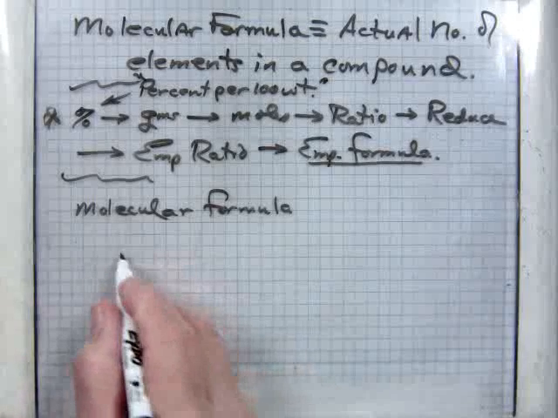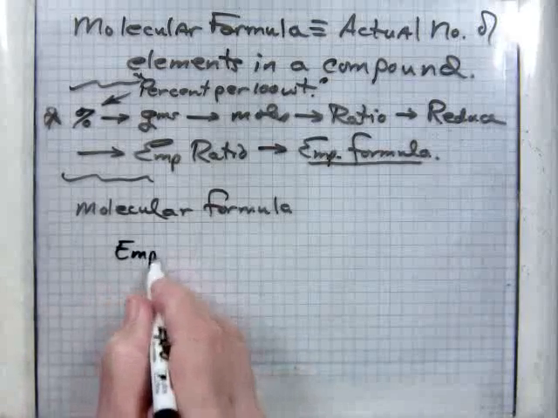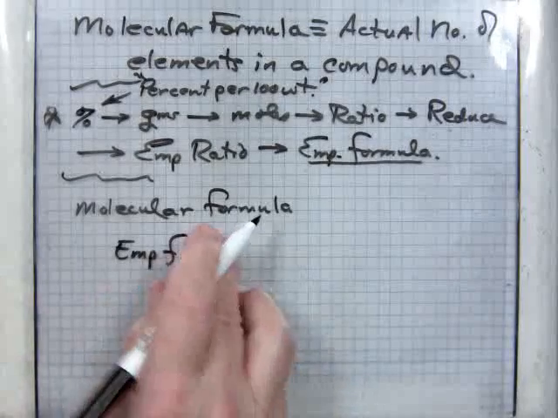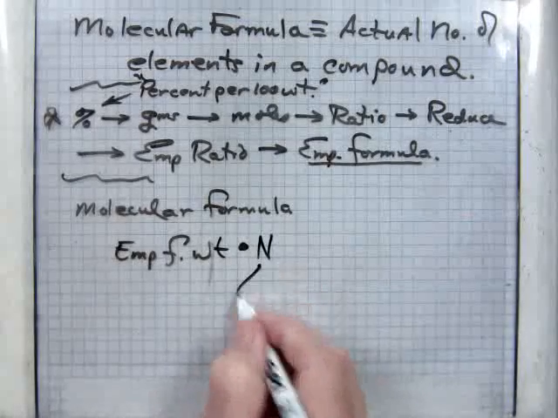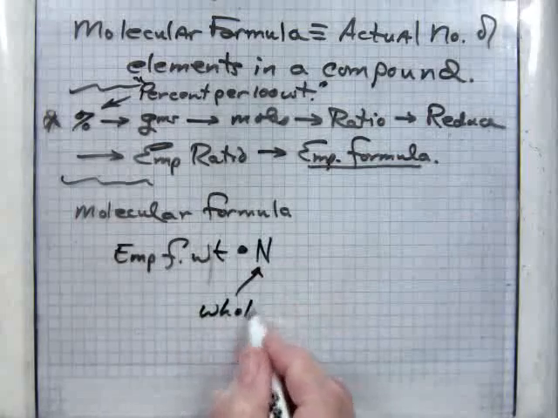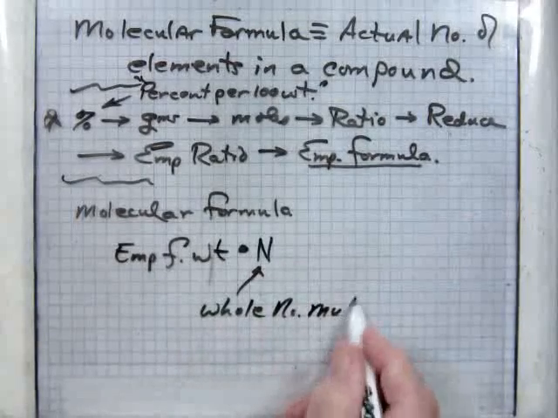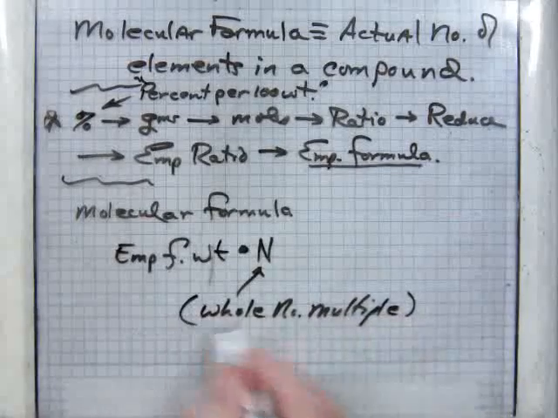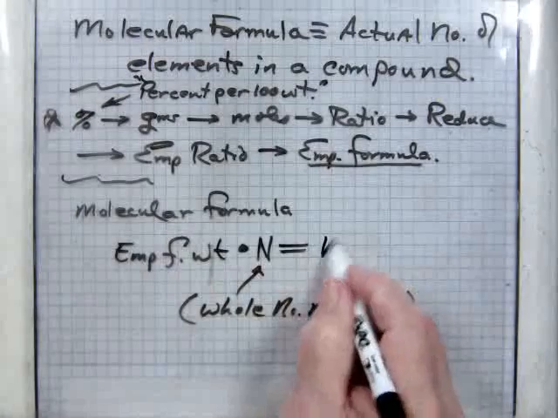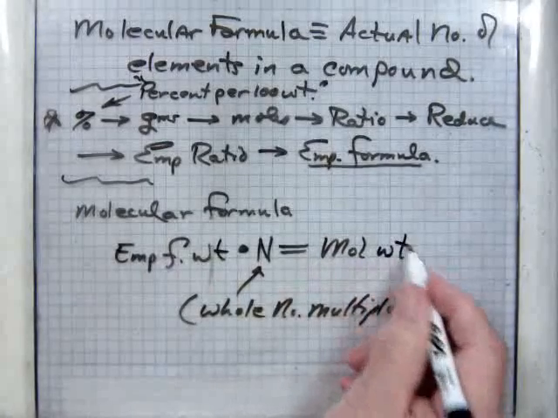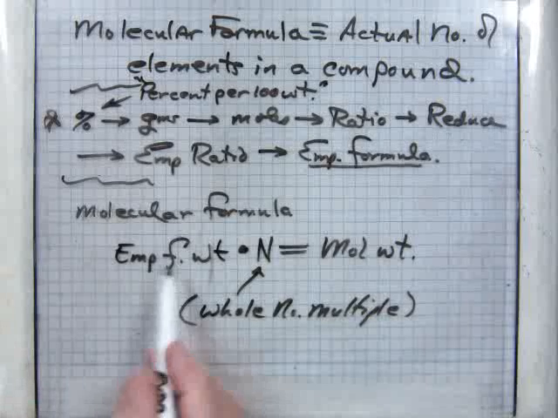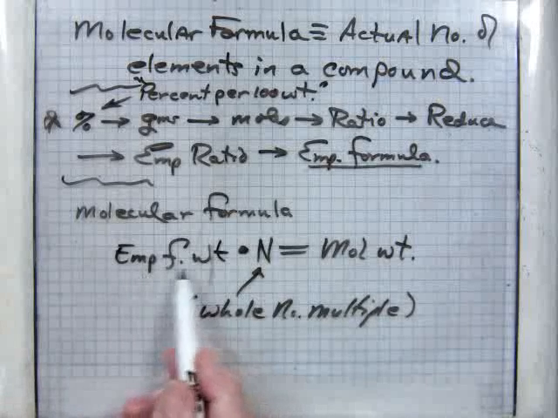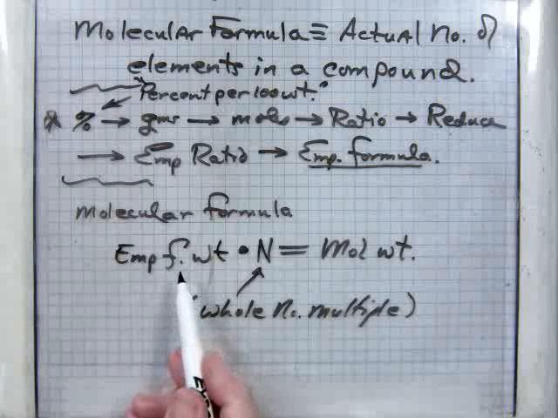It says empirical formula weight times n, and that is the whole number multiple, is equal to the molecular weight of whatever compound. Now, typically in a problem, the problem will have to give you that molecular weight. And after you calculate the empirical formula, then you can get the empirical formula weight out of that empirical formula.